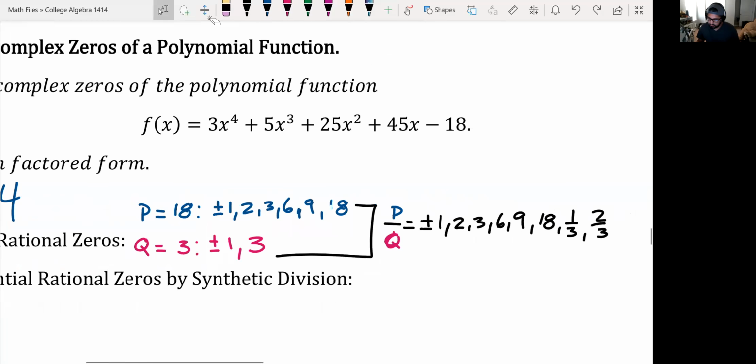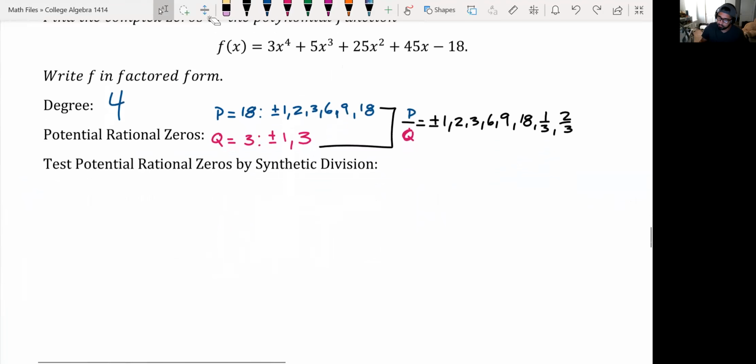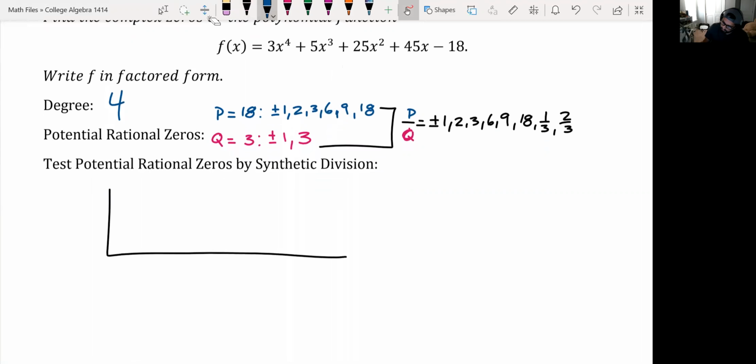Okay, so let's go ahead and set up for synthetic. All right, and all powers are accounted for: 4, 3, 2, 1, 0. So 3, 5, 25, 45, negative 18.